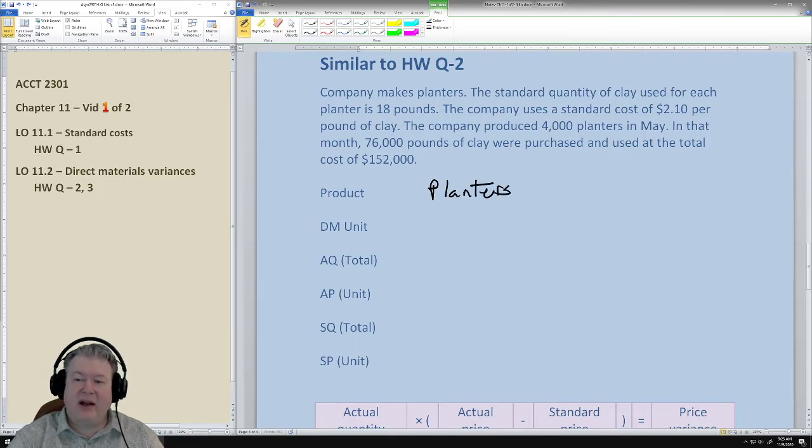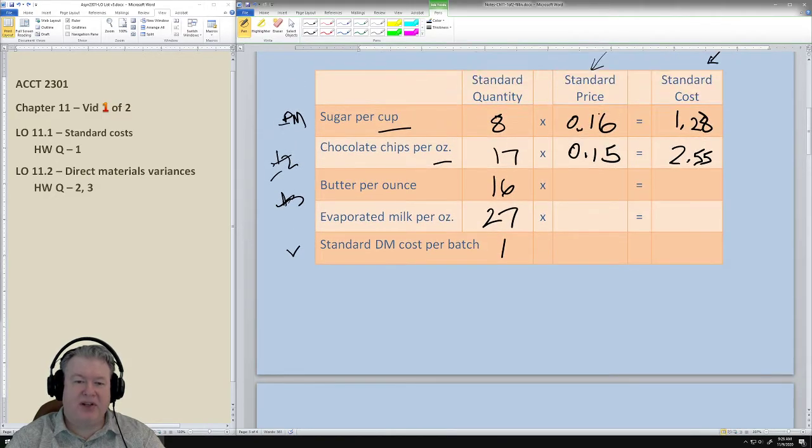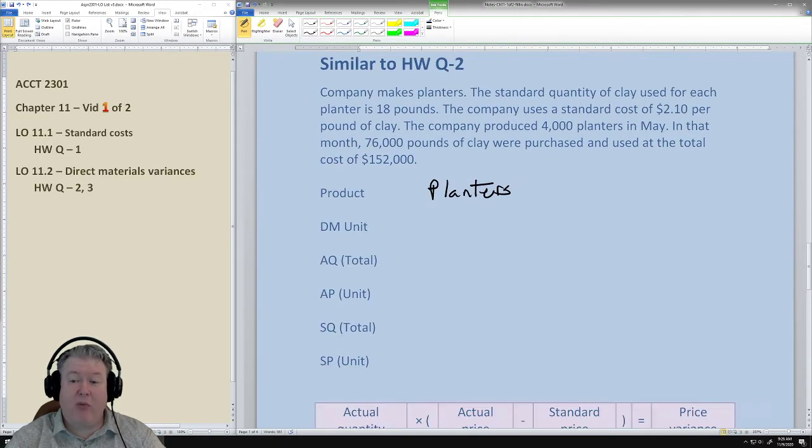The standard quantity of clay used for each planter is pounds. So if you look up here, we were looking at something that had a bunch of different direct materials. This had 4 direct materials. This planter may have a whole bunch of different direct materials, but the direct material we're actually looking at is a pound of clay.